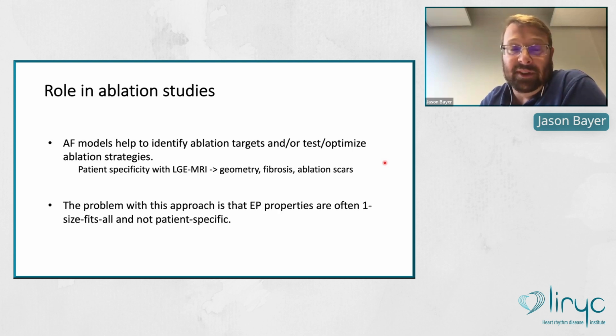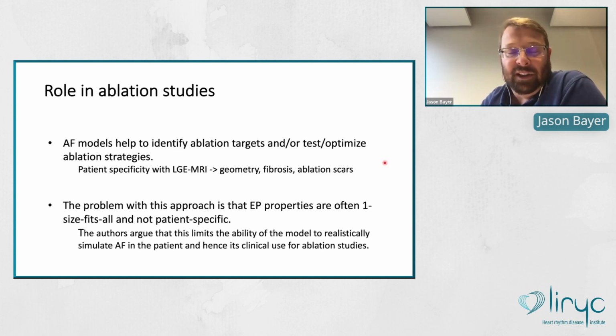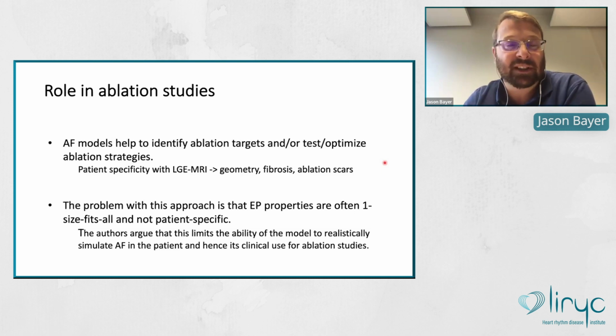However, as this paper points out, one of the problems is that we really don't match the EP properties specific to the heart. We know the geometry, we know some of the fibrosis and its distribution, but we don't have a lot of tailored EP in these models. They argue that this limits the ability of the model to realistically simulate the AF, and therefore makes its use in ablation studies not that great.